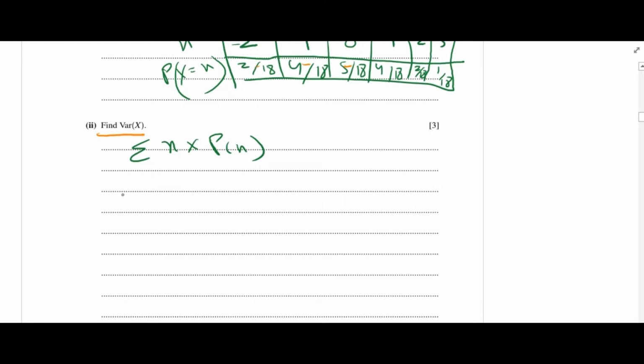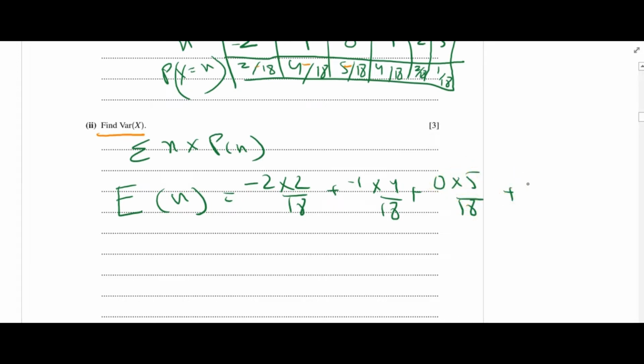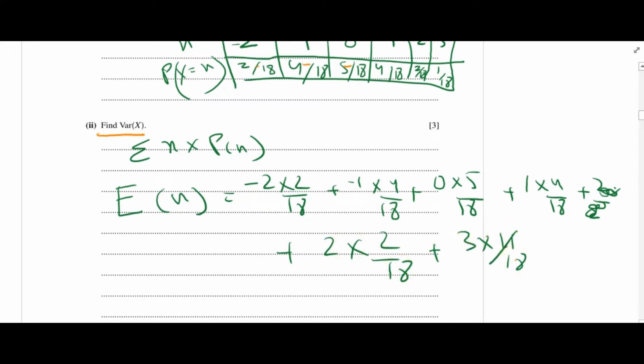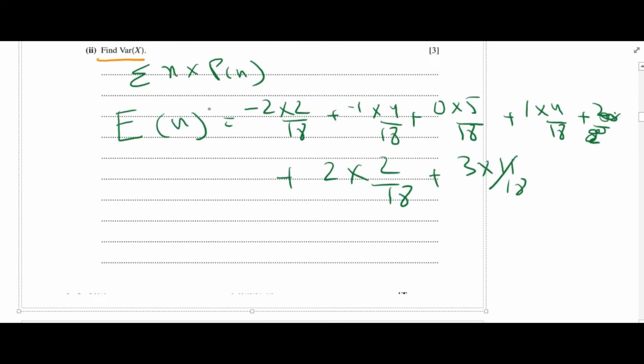So, -2 times 2 by 18 plus -1 times 4 by 18 plus 0 times 5 by 18 plus 1 times 4 by 18 plus 2 times 2 by 18 plus 3 times 1 by 18.